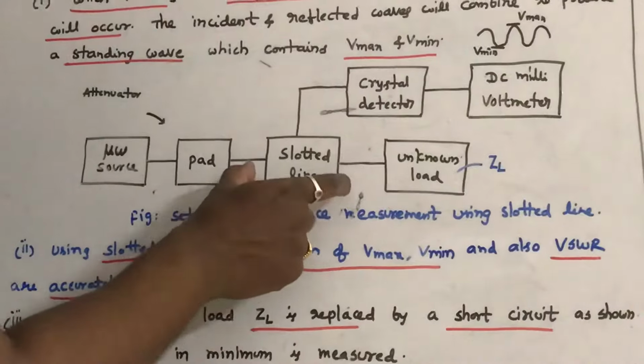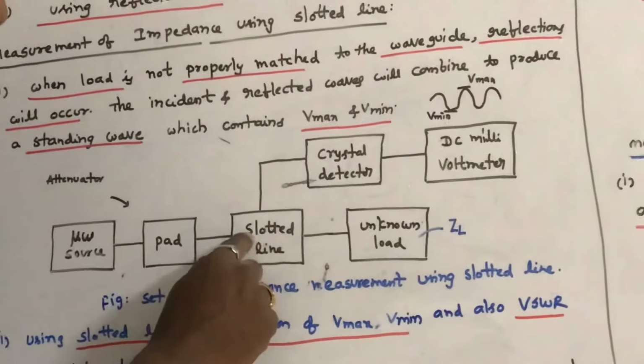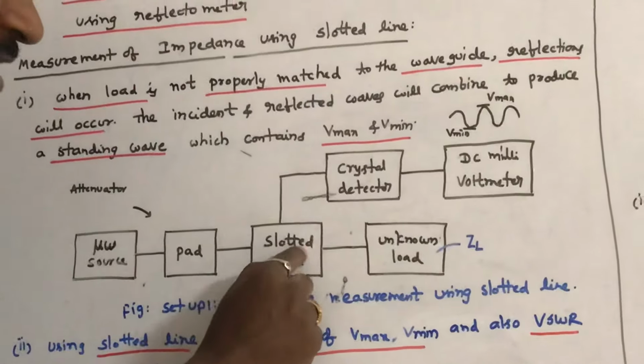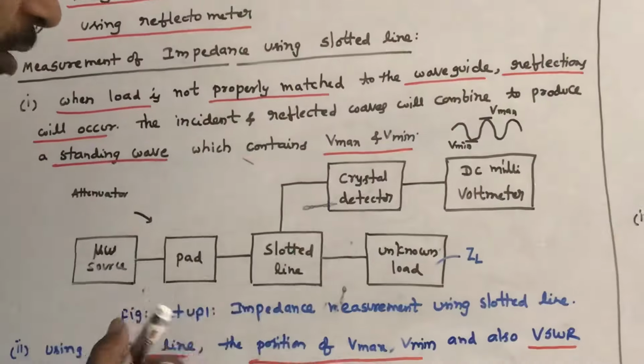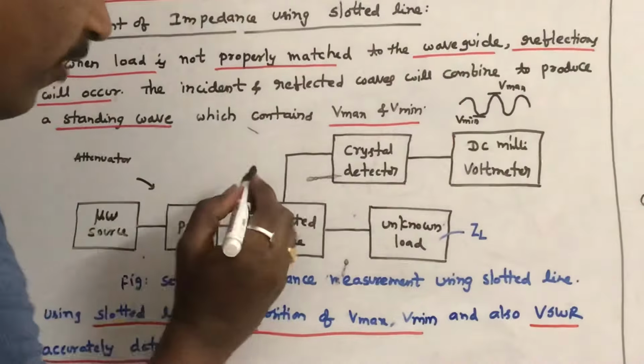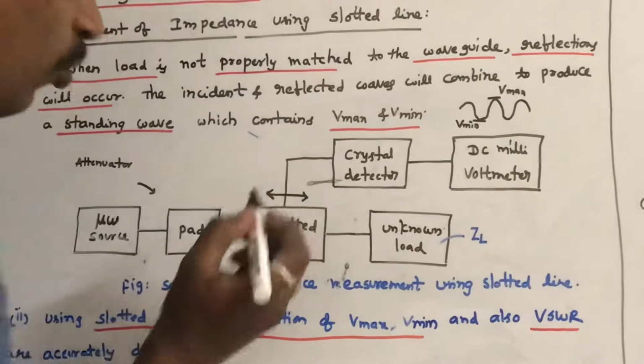See, the slotted line is a very important component, as I said, in the microwave laboratory. As the name itself indicates, it consists of a slot in the microwave component, where we can move the probe like this towards right or towards left.